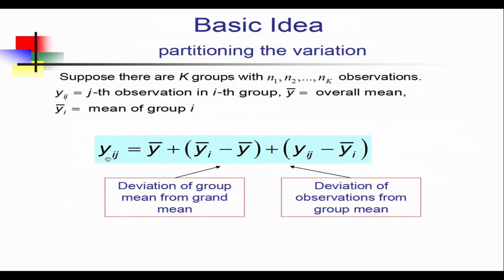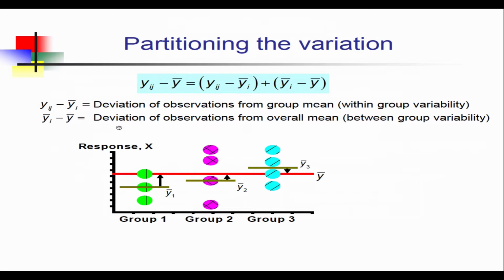Looking at these pictures, for one specific sample, the difference from the individual to the overall mean Y bar, represented by this red line, equals what? We first look at this individual, the difference from its group mean, that is Yij minus Yi bar.